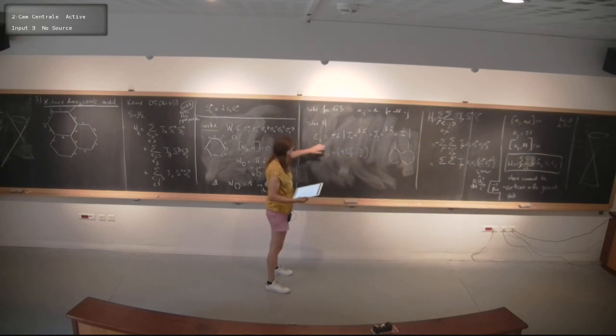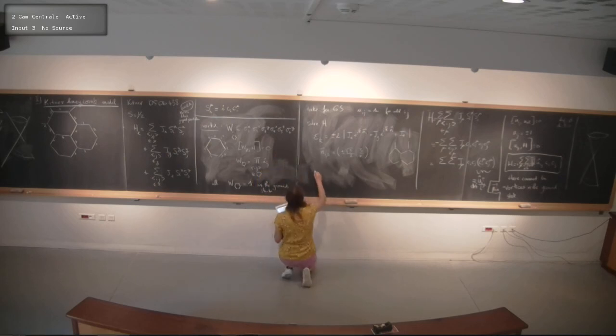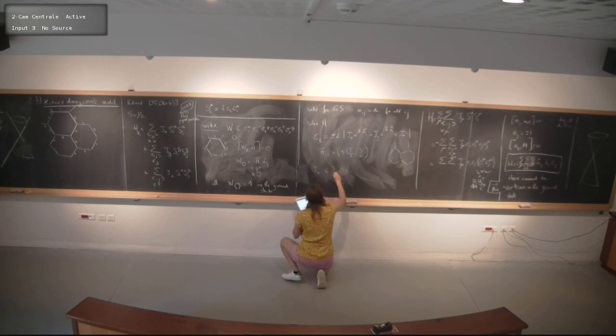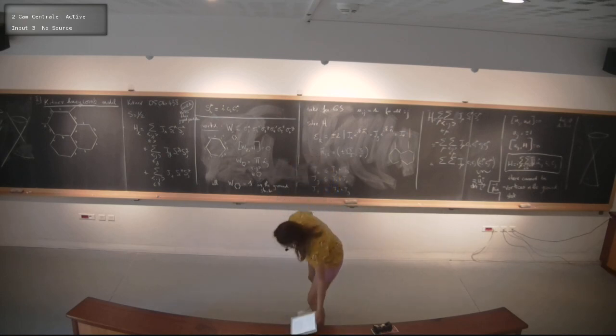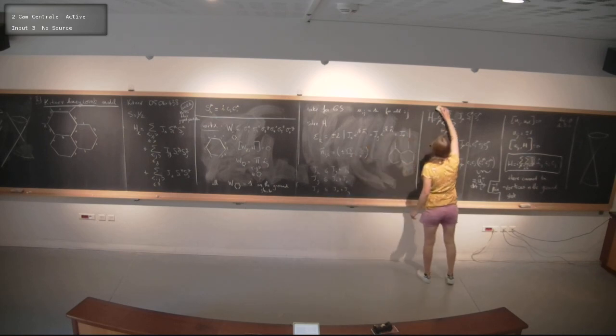What you can see from this dispersion relation is that when jx is less than jy plus jz, and jy is less than jx plus jz, and jz is less than jx plus jy, then you get k points in reciprocal space.